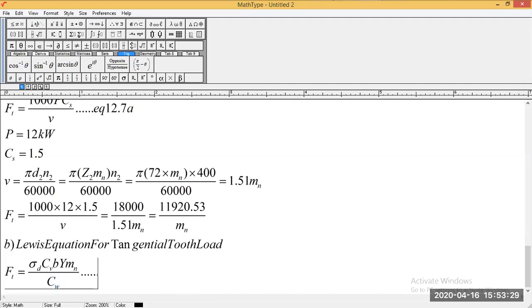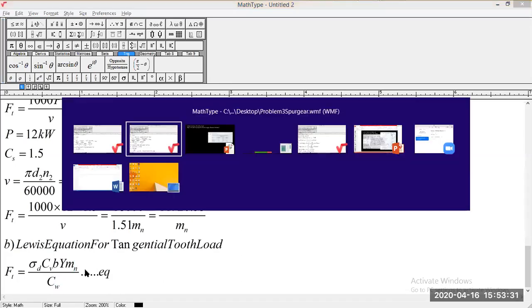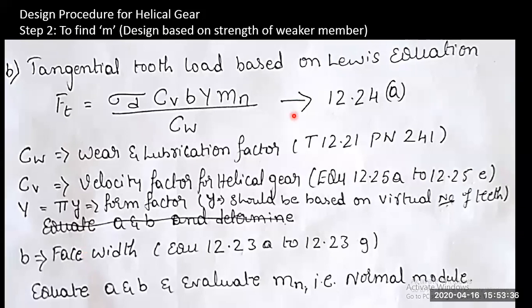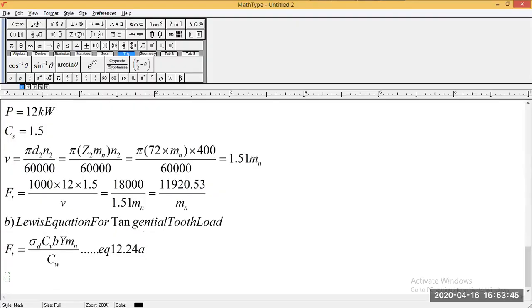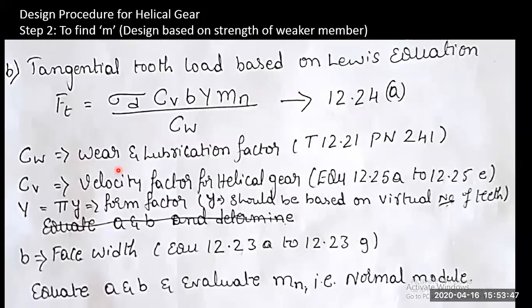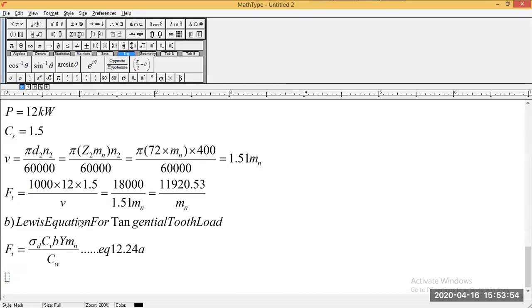So this is the equation. Go back to the PPT and check it out. Yeah, W capital Y and 12.24 A, 12.24. So among these, Y is given right below. Y is pi y. So capital Y equal to pi and small y. This is by default given.